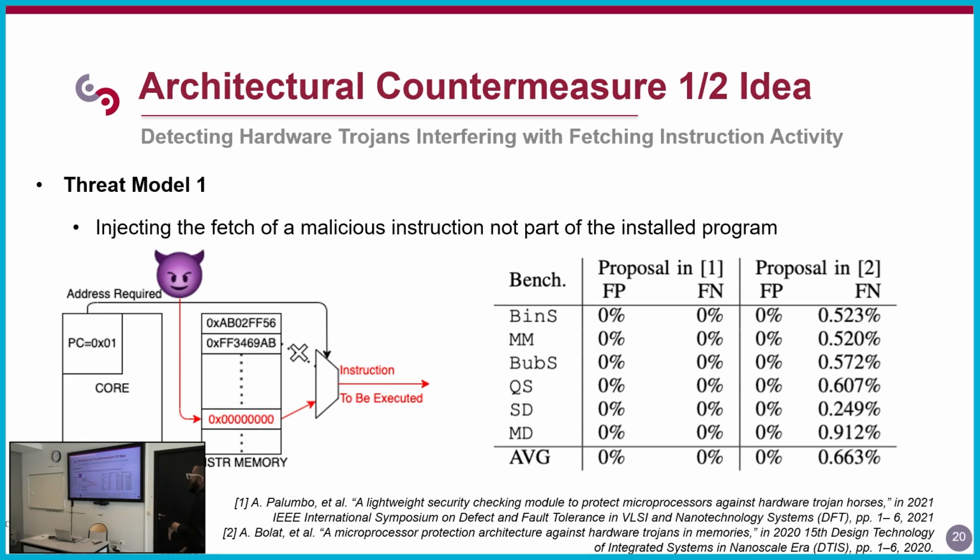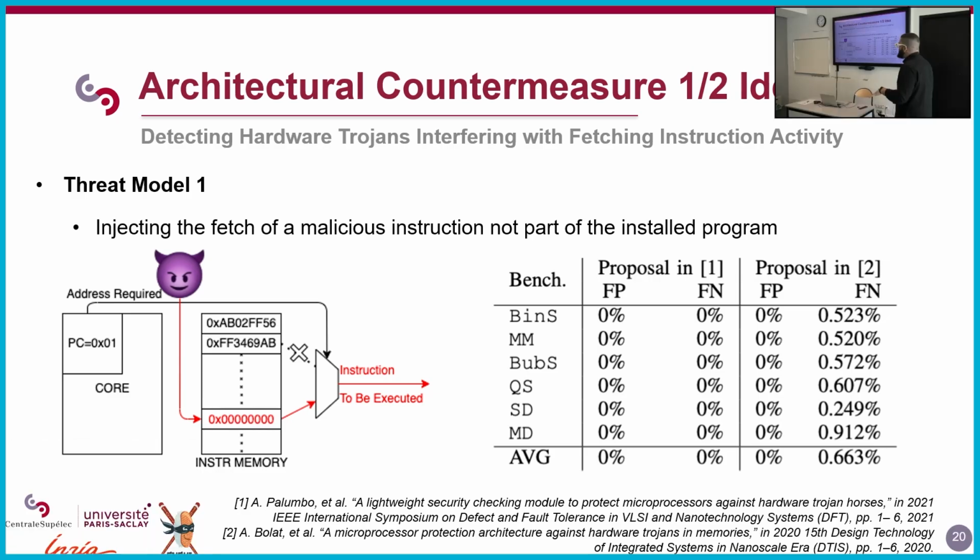Just to give you a bunch of rates, in threat model number 1, we have an attacker who is pushing whatever is the performance counter value. The attacker is pushing a particular instruction. We have different implementations of the previous hardware security checker, and we measured the false negative rates.